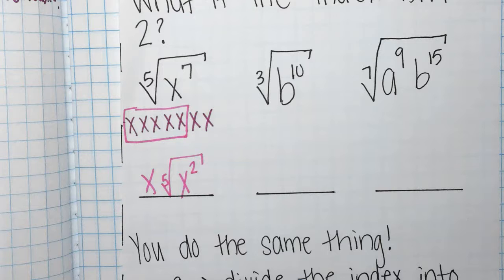Are you done with the second one? Okay. How many times does 3 go into 10? 3 times.